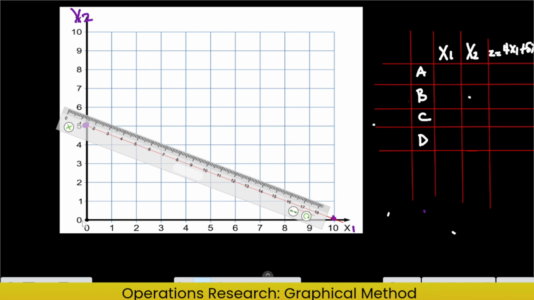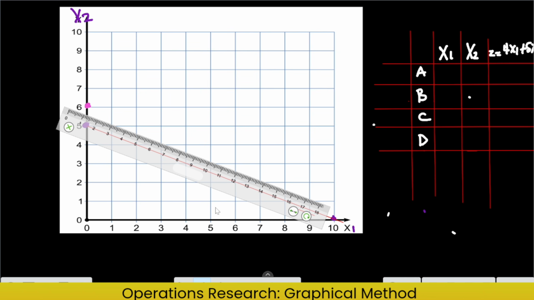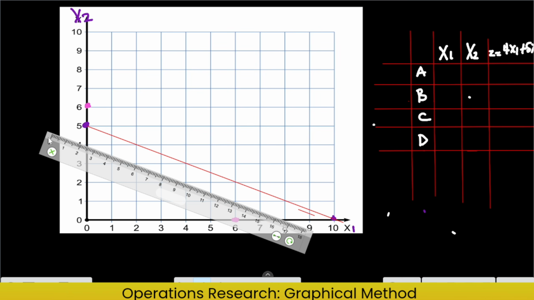If x1 is equal to 0, x2 will be equal to 6. Let me use another color. X2 will be equal to 6. And if x2 is equal to 0, x1 will also be equal to 6. We also draw the line nicely to pass through those points. So this is what I have here.